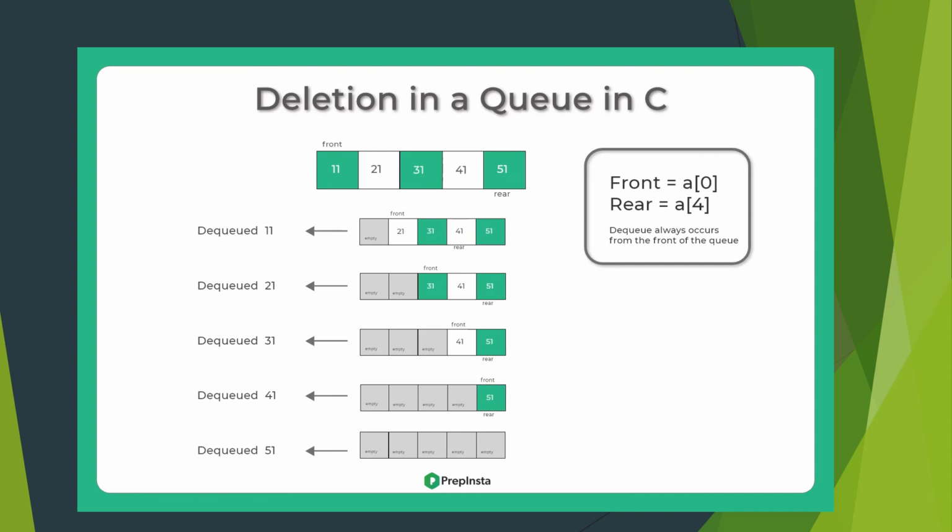Then DQ of 31: 31 is copied to the item, then it is deleted, then increment the front pointer. Then copy the 41 element, delete it and increment the front pointer. The last one here is an empty queue. This process we can call the deletion operation in the queue.